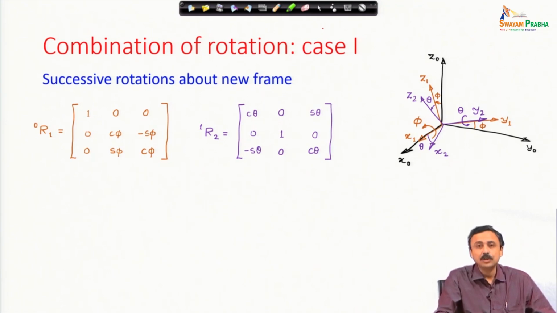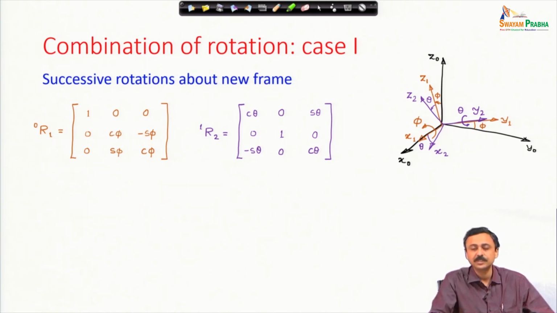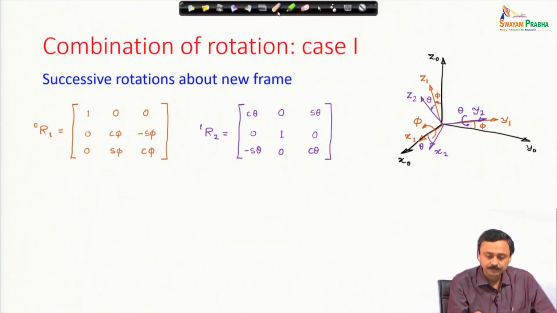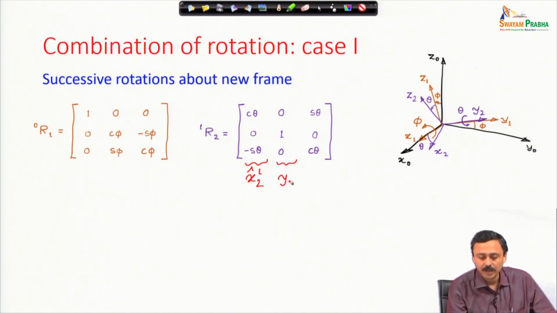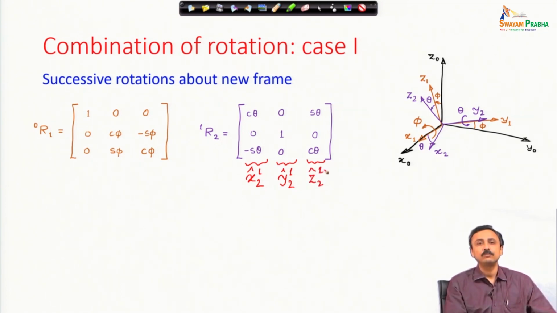Therefore, the first column of this matrix R from 2 to 1 must be the representation of x2 in x1 y1 z1. The first column is the x2 unit vector in x1 y1 z1, the second column is y2 represented in x1 y1 z1, the third column is z2 cap represented in x1 y1 z1.